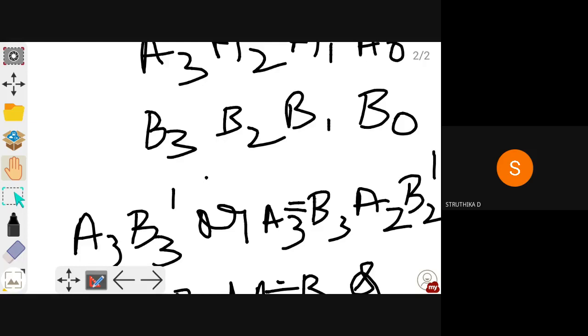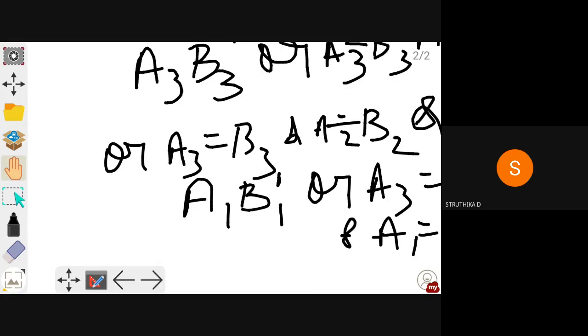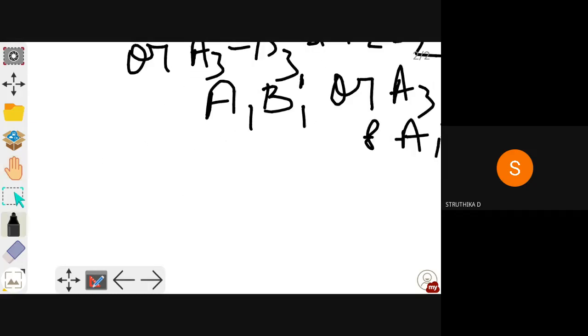Or in the last case, all the three bits A3, A2, A1 are equal to B3, B2, B1, then you have to check the condition, then definitely A0 should be 1 and B0 should be 0. So out of these four, whichever is satisfied, it will come under the category A greater than B.